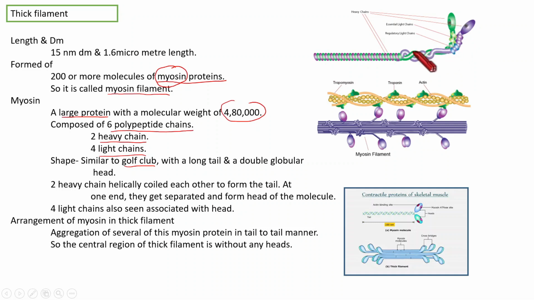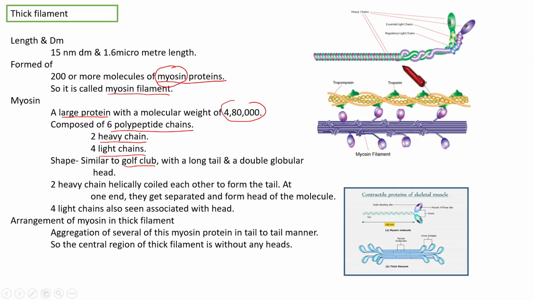So that is the shape of the myosin protein. So how many myosin proteins form one thick filament? 200 or so molecules of that type of myosin protein form this thick filament.